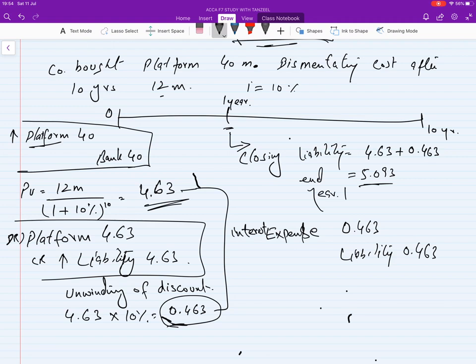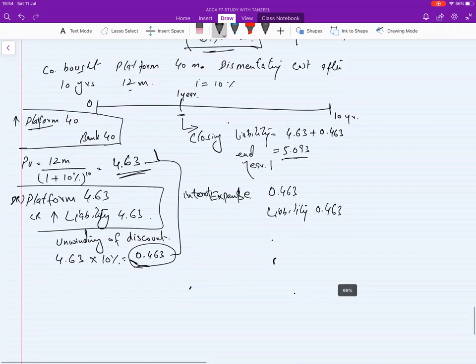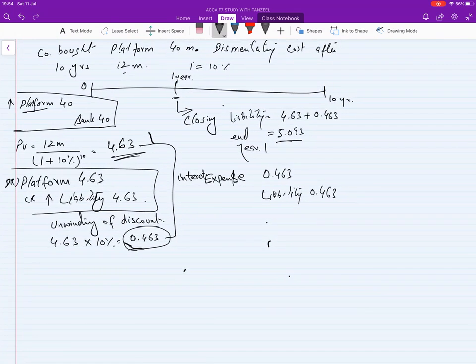So let's make the financial extracts. Profit and loss, let's take profit and loss. We will calculate depreciation and add interest expense.